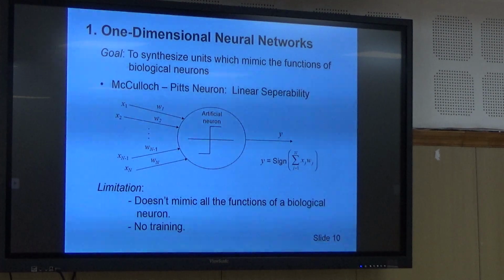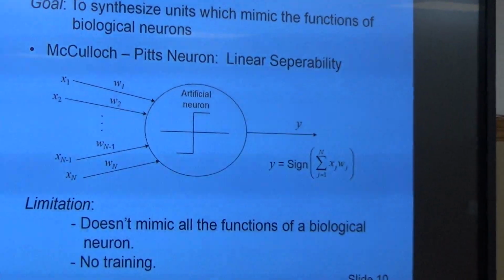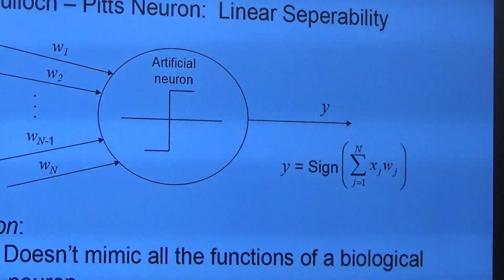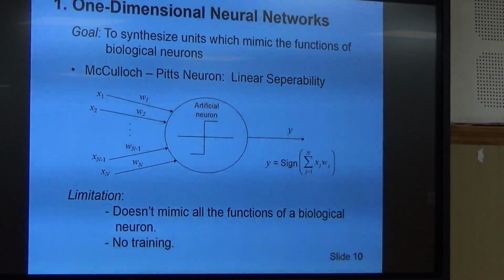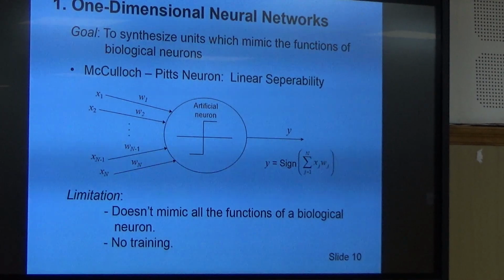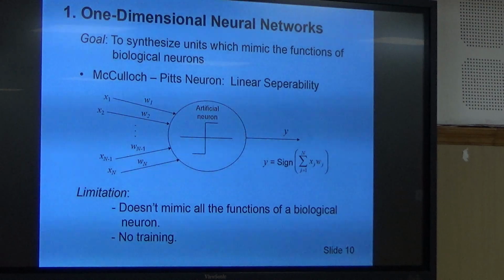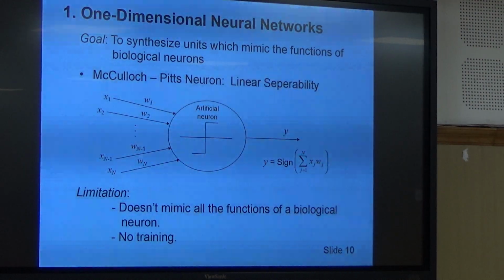As I explained, the artificial neuron computes the function summation j equals 1 to n of x sub j w sub j minus t, and I will explain why that minus t is not there in the equation. And you take a signum of it and you say whether it belongs to class A or class B.